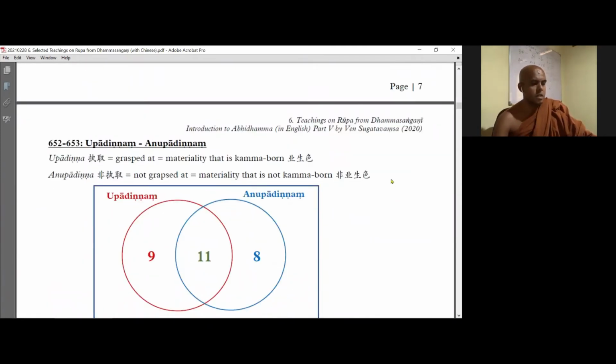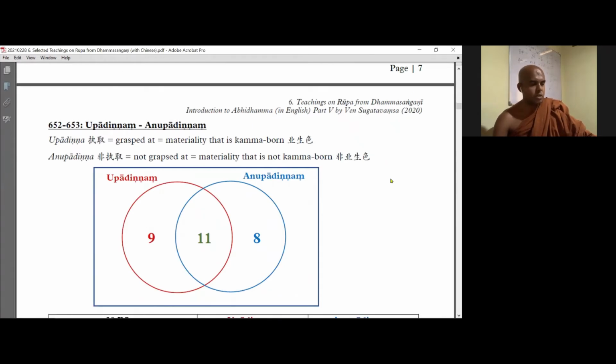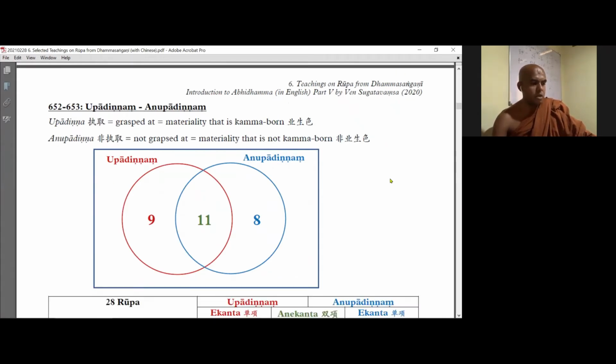Next classification, according to the Dhammasangani book, Upadinna and Anupadinna. Upadinna and Anupadinna. Actually, Upadinna means they say the grasped. Actually, this one, the materiality that is Kamma born kalapa, Kamma born rupa, Kammaja rupa.